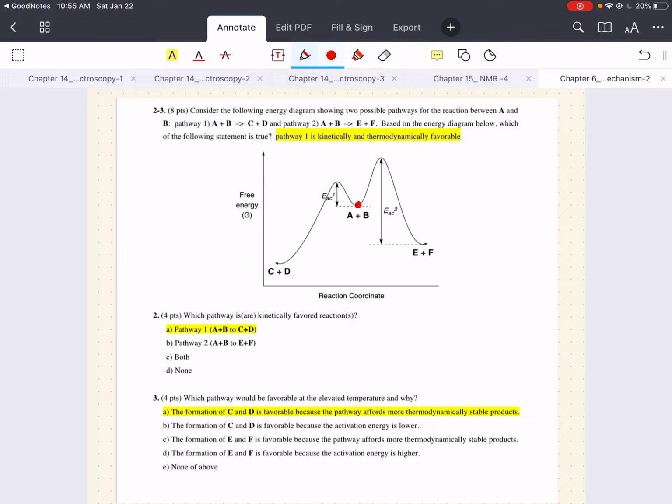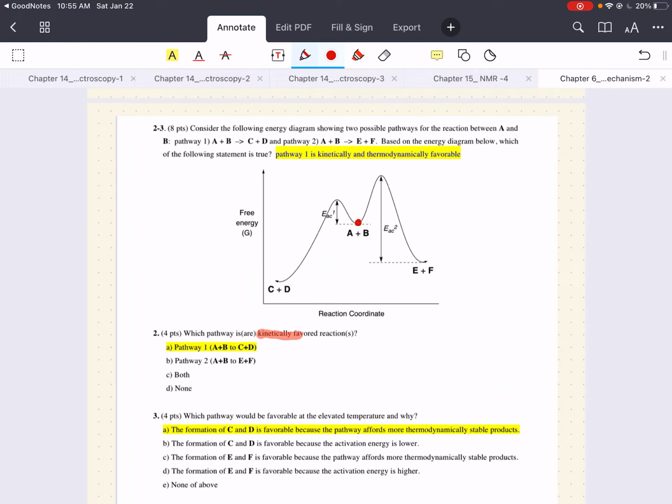Our first question says, which pathway is kinetically favored? Which one of these pathways, AB to CD or AB to EF, is kinetically favored? Now, for kinetics, remember guys, we're looking at our activation energy to determine this.